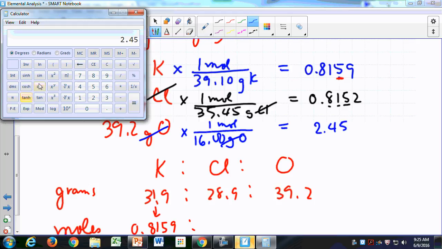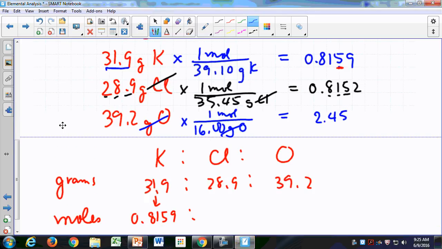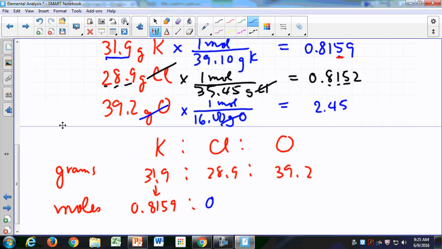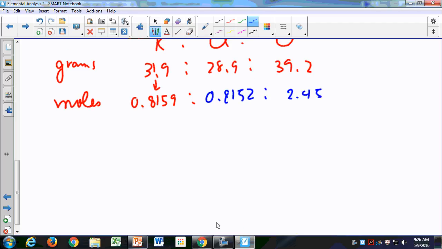So the mole to mole to mole ratio is 0.8159 to 0.8152 to 2.45.